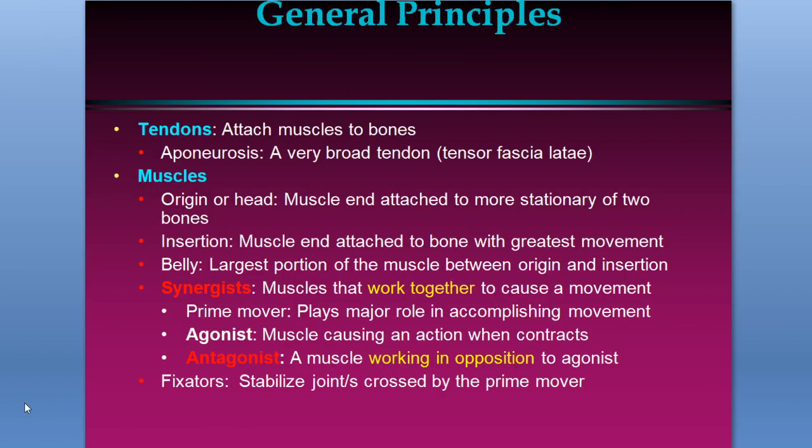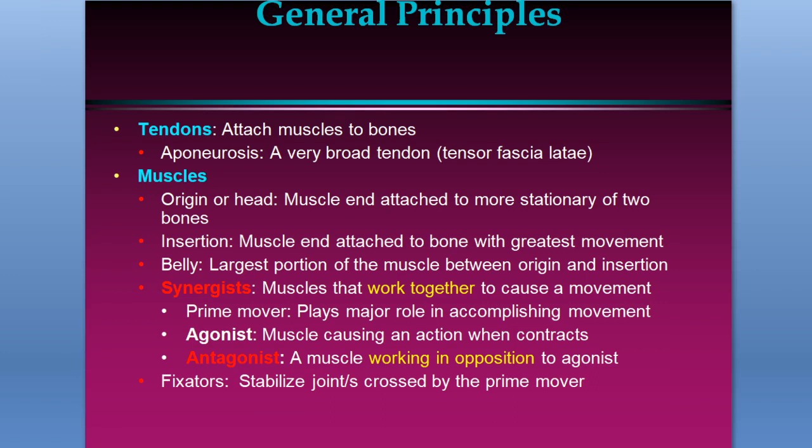Now, there are some general principles to muscles that are good to know, and I want to cover these just so we have an idea of how muscles work. Some of this is stuff we've covered in lab, and other things we didn't get to. Remember that all skeletal muscles are attached to bones via tendons.